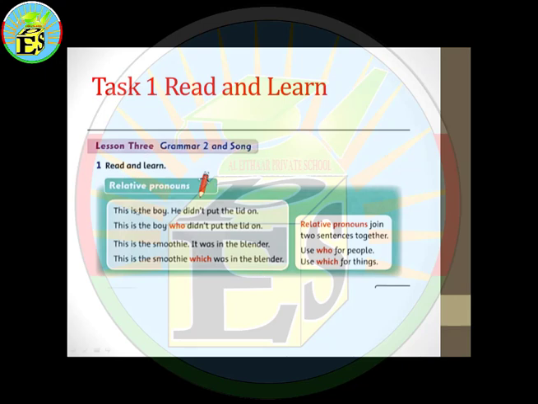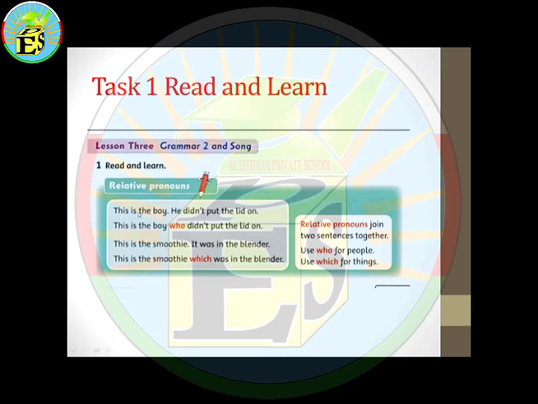I would like you to follow me line by line. This is the boy. He didn't put the lid on. I hope you remember the meaning of lid, and we said that lid is the plastic cover of the blender that keeps things inside. So this is the boy, he didn't put the lid on. Here we have two sentences.